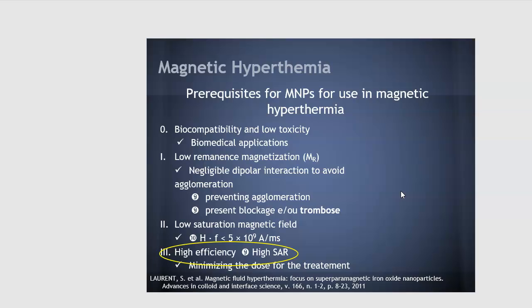So the product of field and frequency should be less than 5 into 10 to the power 9 ampere per meter second.